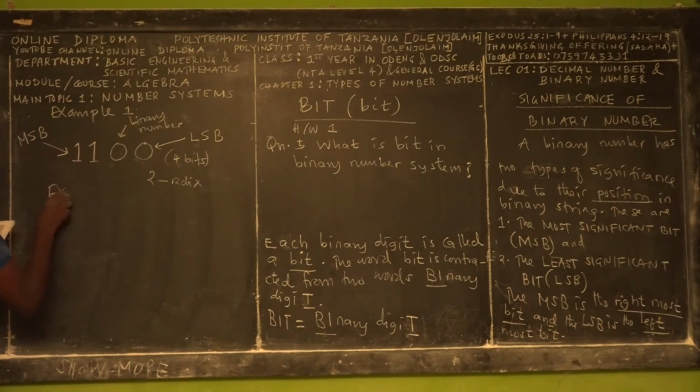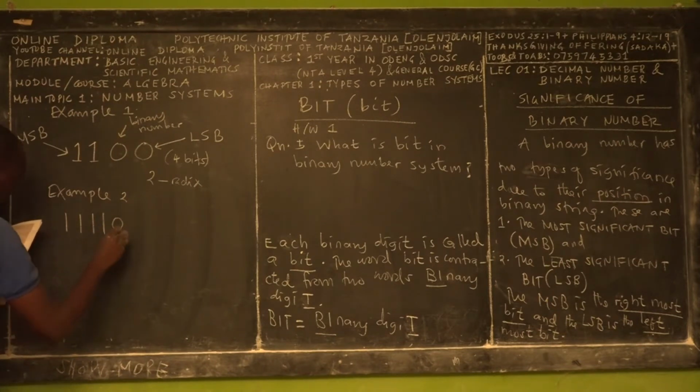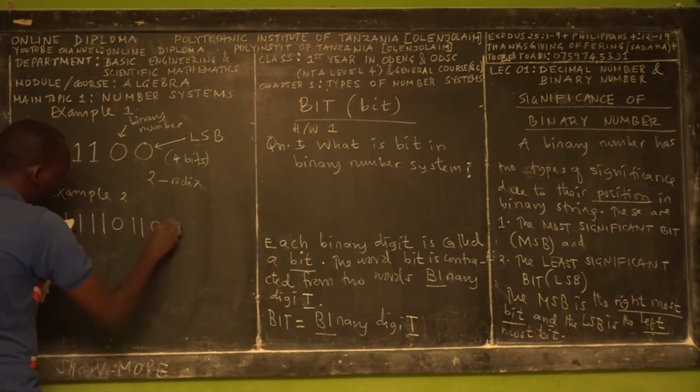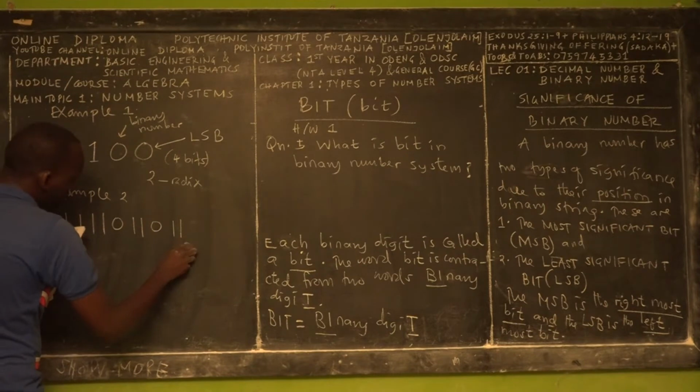Then example 2 is this. So here we have 1, 1, 1, 1. Here's 0, 1, 1, bit 0. Then bit 1, 1. Here it's base 2.